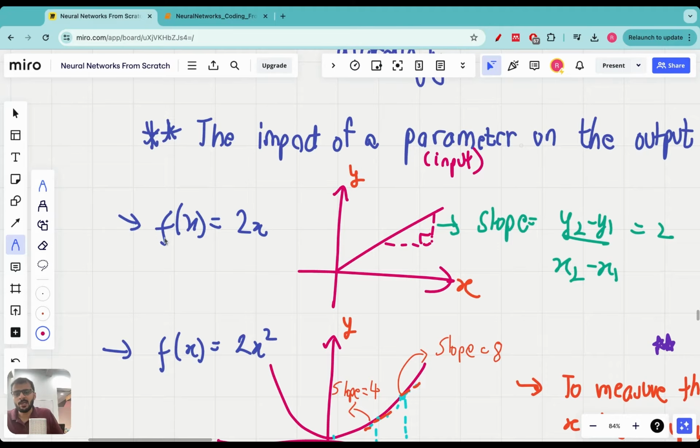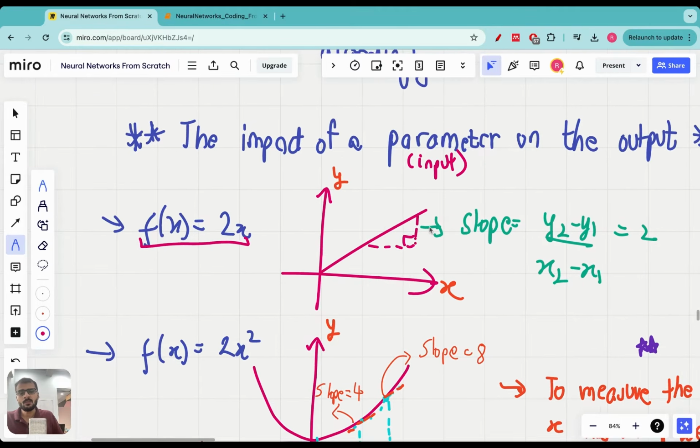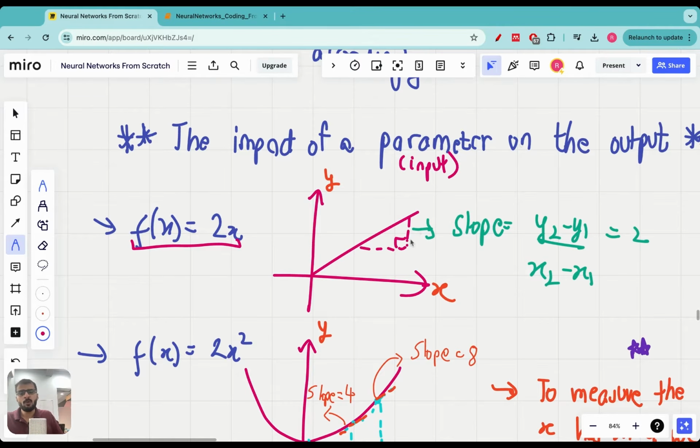First, I am going to take a linear function f of x equal to 2x, and I've plotted this over here right now. If you find the slope of this function, let's say I take the first point as (1, 2) and the second point as (2, 4), the slope of this function at any point is given by (y2 minus y1) divided by (x2 minus x1).